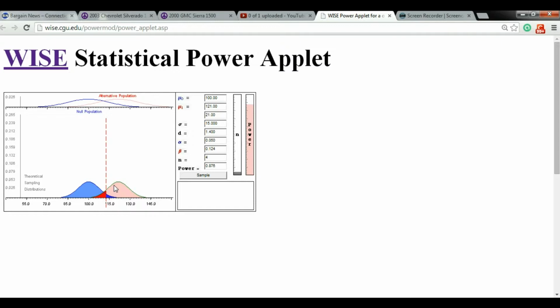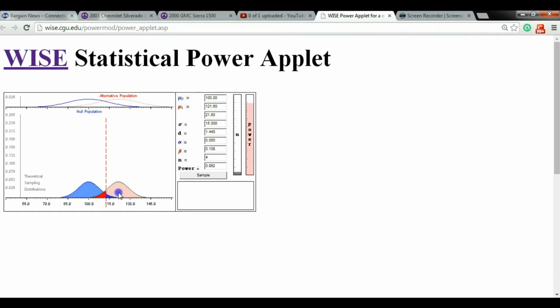Well, that's good, because we hypothesized that mu is 100 and mu is actually 121. What we call this region is power.